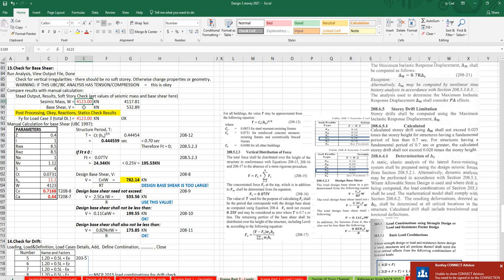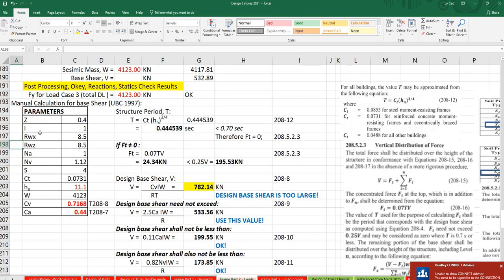At gagawin din natin itong mga base shear mano-mano. So, as a step ahead, ginawa natin sa STAAD, ito yung kanyang computation, seismic mass W. And then, blanco muna natin itong base shear V. And then, remember that these are my parameters.